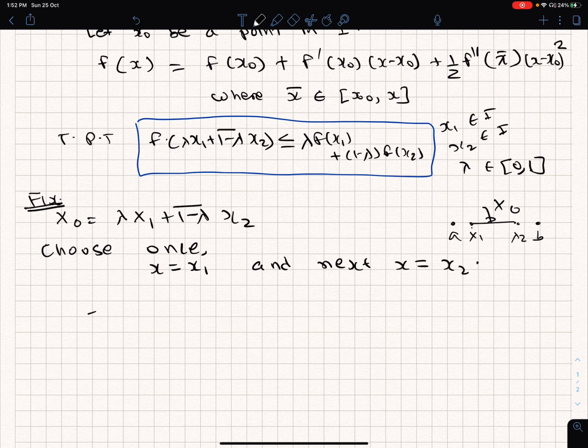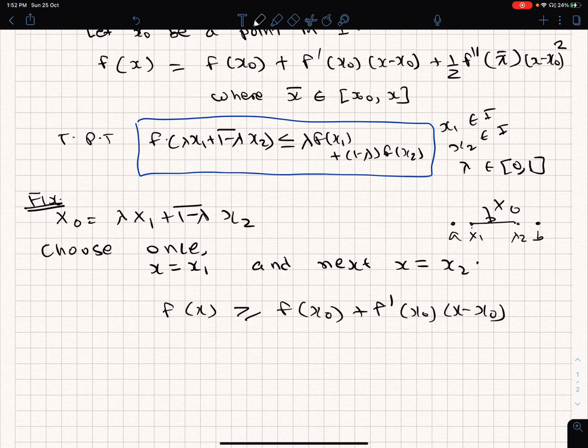Therefore, I can write f of x as greater than or equal to f of x naught plus f dash of x naught into x minus x naught. Is it not? I can do that. Why? Because I have used the fact that the second derivative is always non-negative, and hence I have come to this fact.